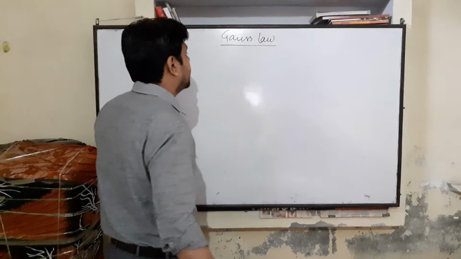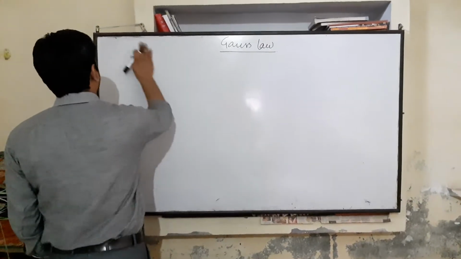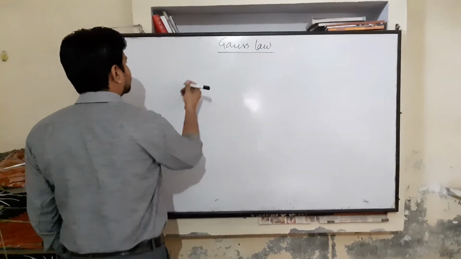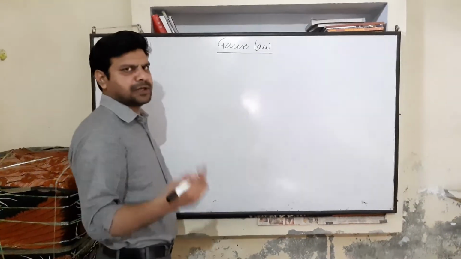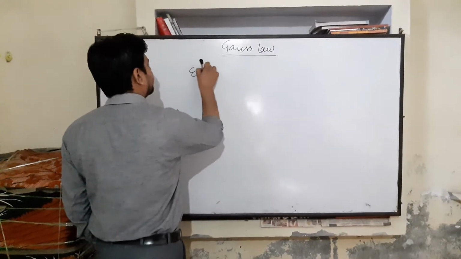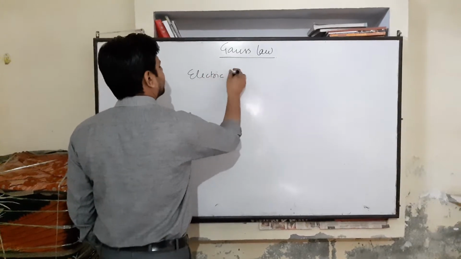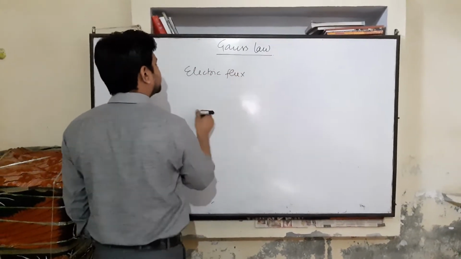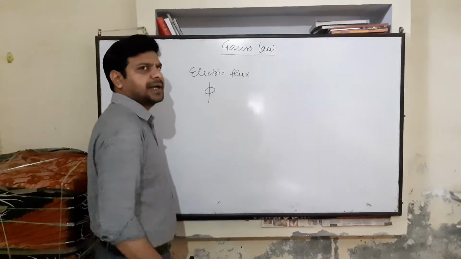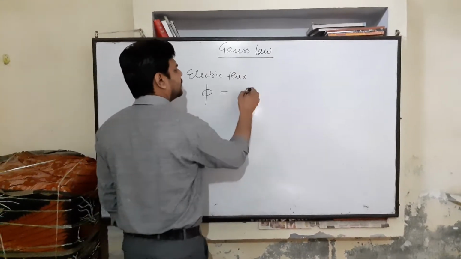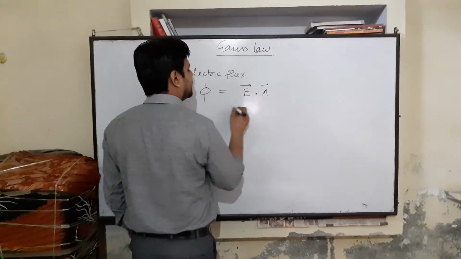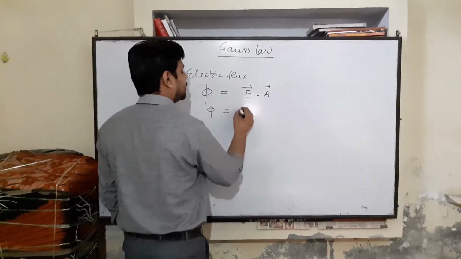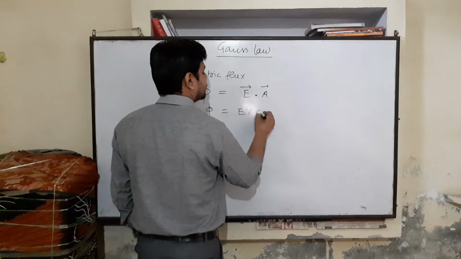Then what is Gauss law? Before explaining the statement, there is another quantity, electric flux. It is represented by phi, and the formula for electric flux is E dot A, or EA cos theta.